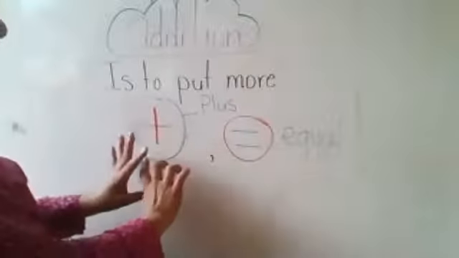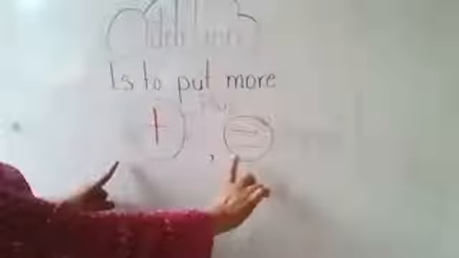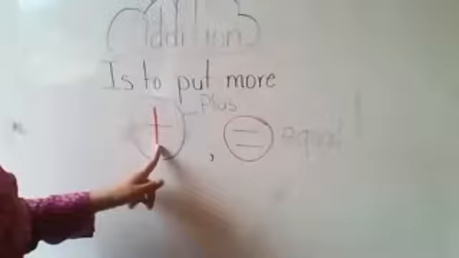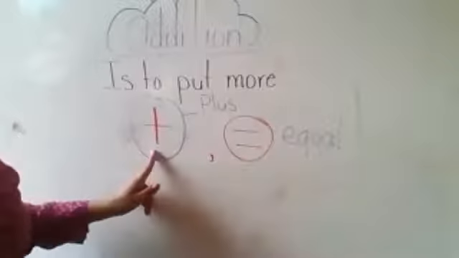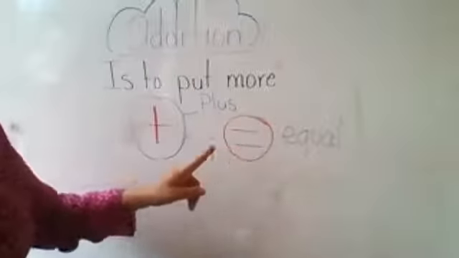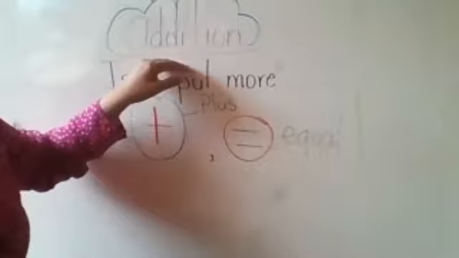And now we are going to repeat the signs. Which are our signs? The signs that we have are plus and equals. Those are our signs for addition.